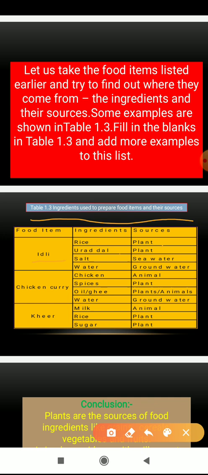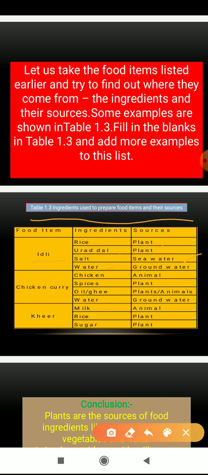Now next, salt. Where does it come from? We know that salt is prepared from sea water by the evaporation process. So the source of salt is sea water. Next is water.